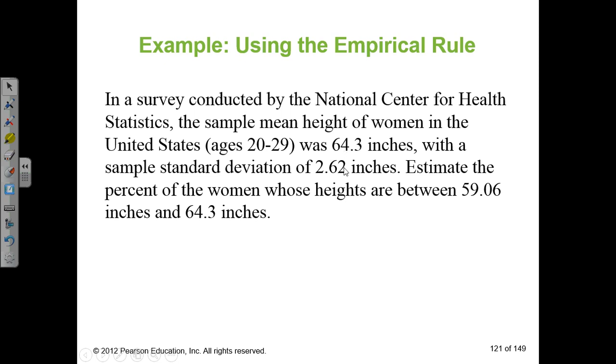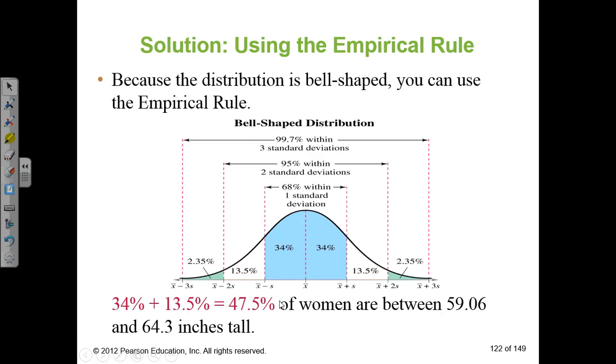So we take 64.3 and subtract 2.62, and then subtract it again, and we find that we are at 2 standard deviations below the mean. So the distance between the mean and 2 standard deviations below is half of this 95%, or 47.5% of the sample of women are between 59.06 and 64.3 inches, the mean of the data set.